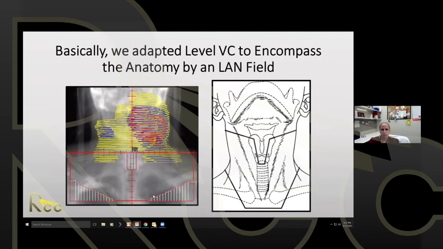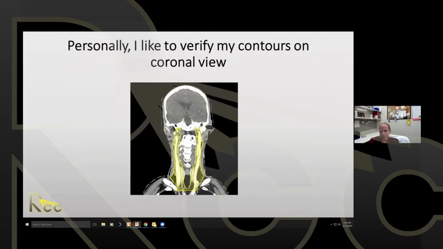So with traditional LAN, low anterior neck fields, the reality is you would be omitting coverage of a lot of the lymphatics with an IMRT plan compared to what we would have traditionally covered with an LAN. With these definitions, I think we still see a lot of variability with how this is contoured in the low neck. Both level 5 as well as 4B have a lot of variability.